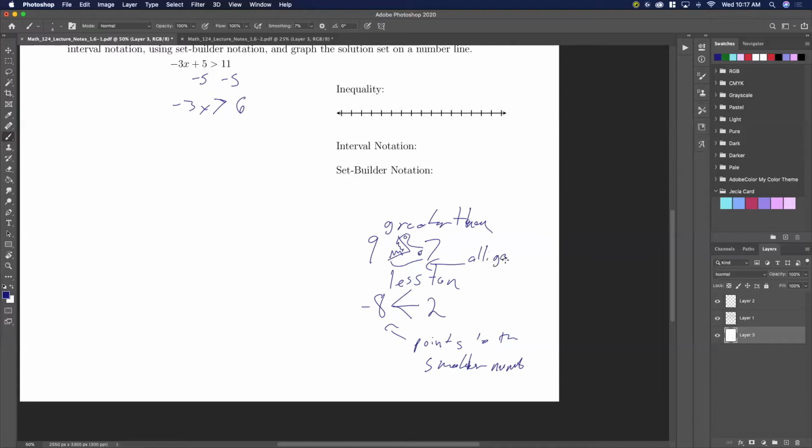I'm kind of curious, which one did you learn? The alligator or the arrow? The gator. Pretty much all the alligator eats the bigger one. The shark, even better. I love that.